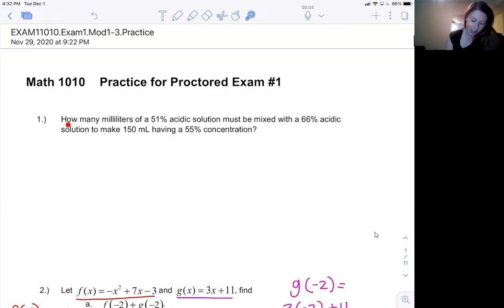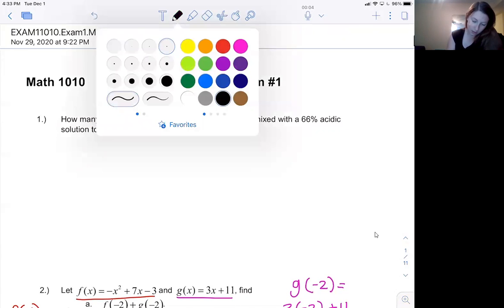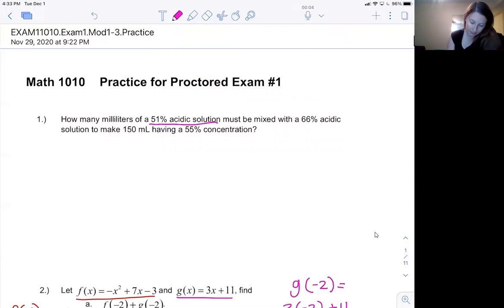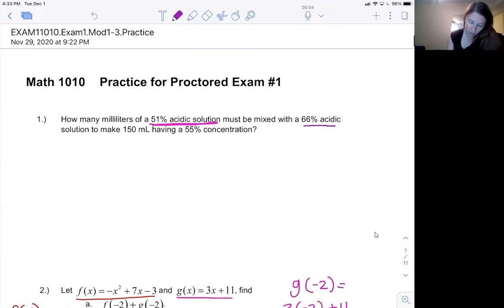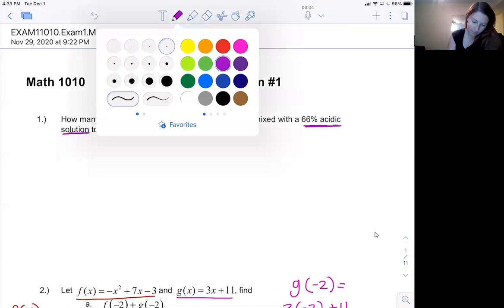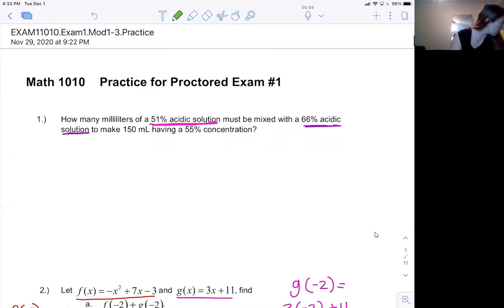So what it's saying is how many milliliters of a 51% acidic solution. So I'm going to underline that in pink. So we have this pink solution, and we want it to be mixed with this purple solution to get this solution, this green. Okay?